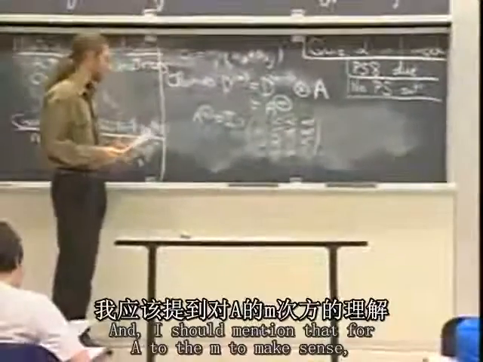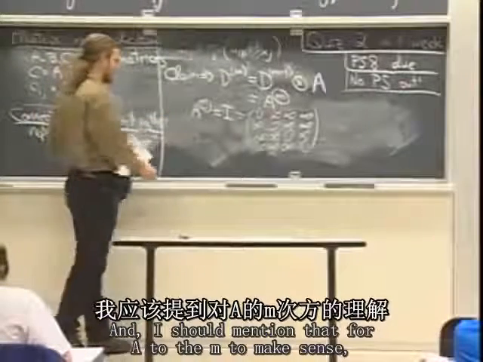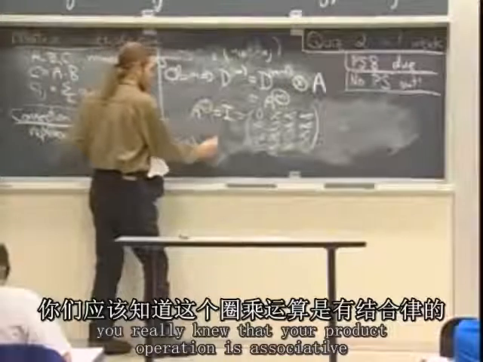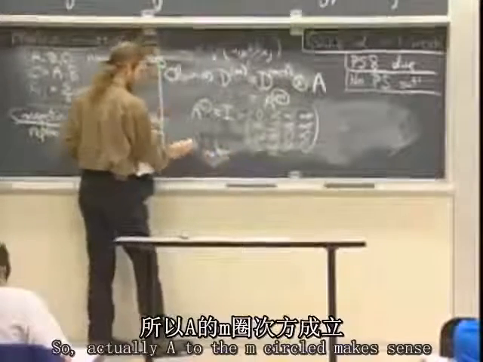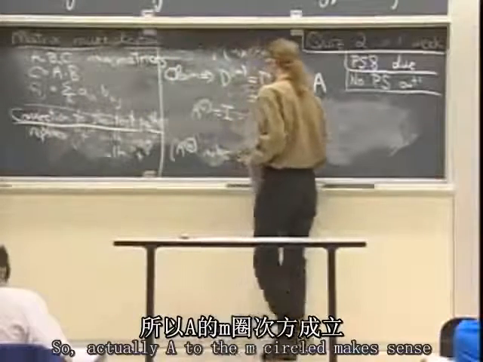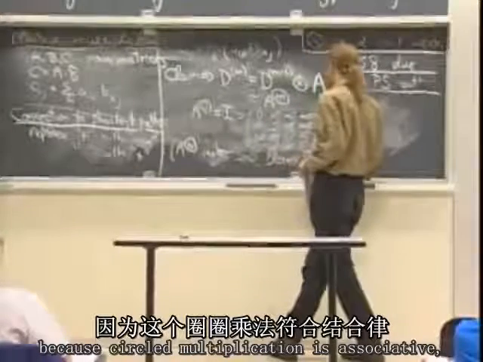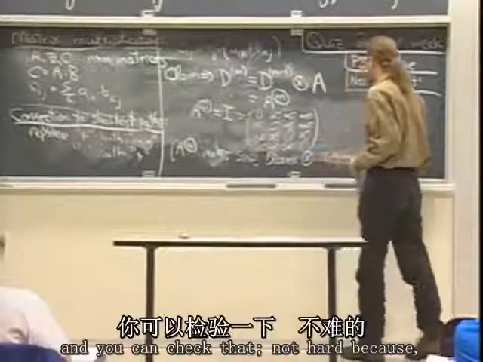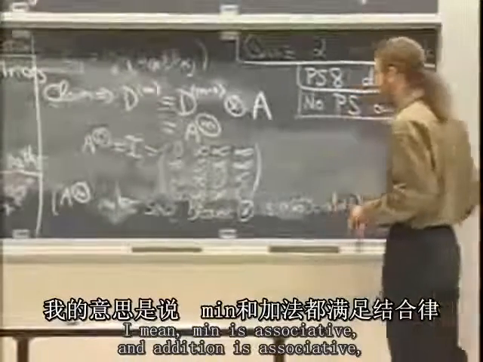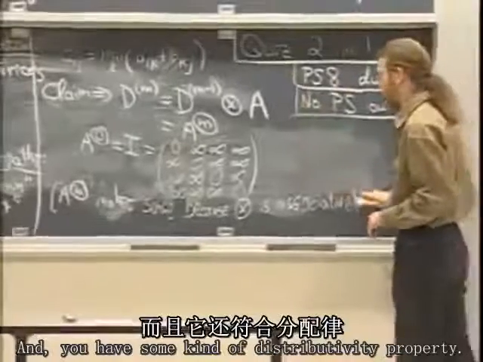And I should mention that for A to the m to make sense, you really need that your product operation is associative. So actually, A to the m circled makes sense because circled multiplication is associative, and you can check that. Not hard because min is associative, and addition is associative, and all sorts of good stuff. And you have some kind of distributivity property.